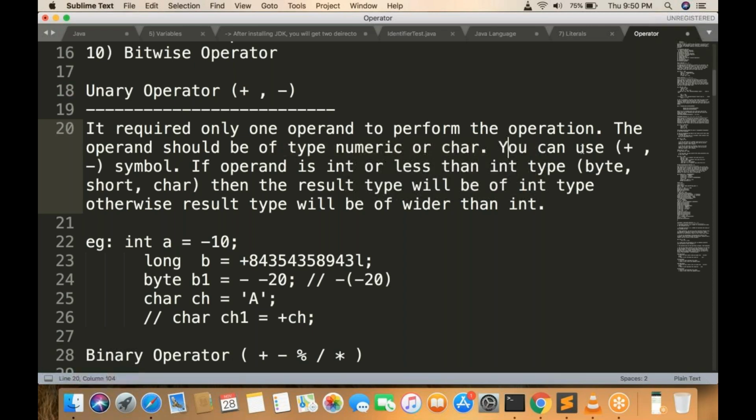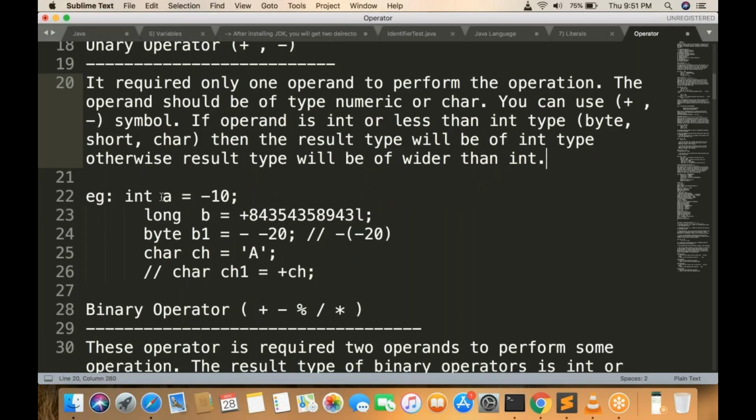If the operand is int or less than int, then the result type would be int; otherwise the result type would be wider than int. Clear? We'll see that with an example.